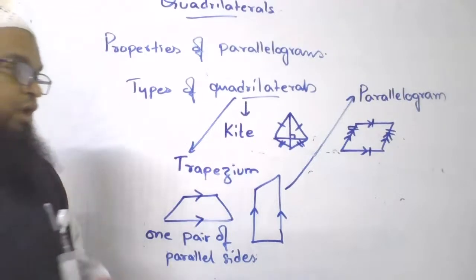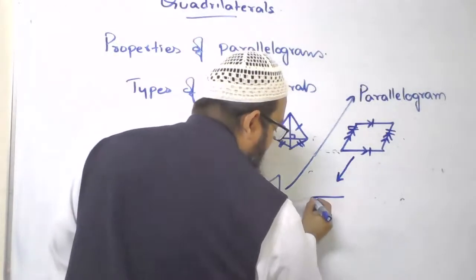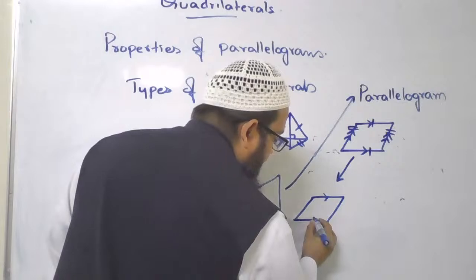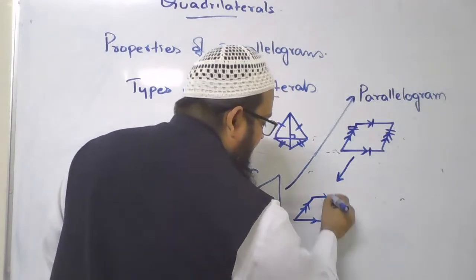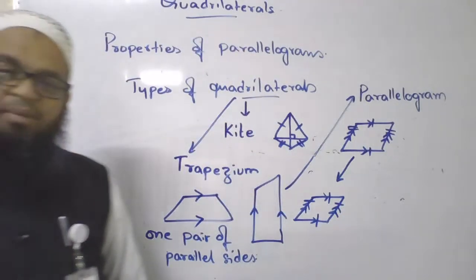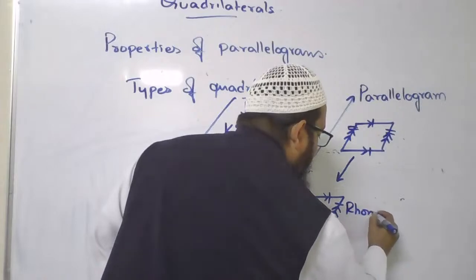Now if I change this condition and make all sides equal, anyway, they are parallel, but if I make all sides equal, then this is called a rhombus.